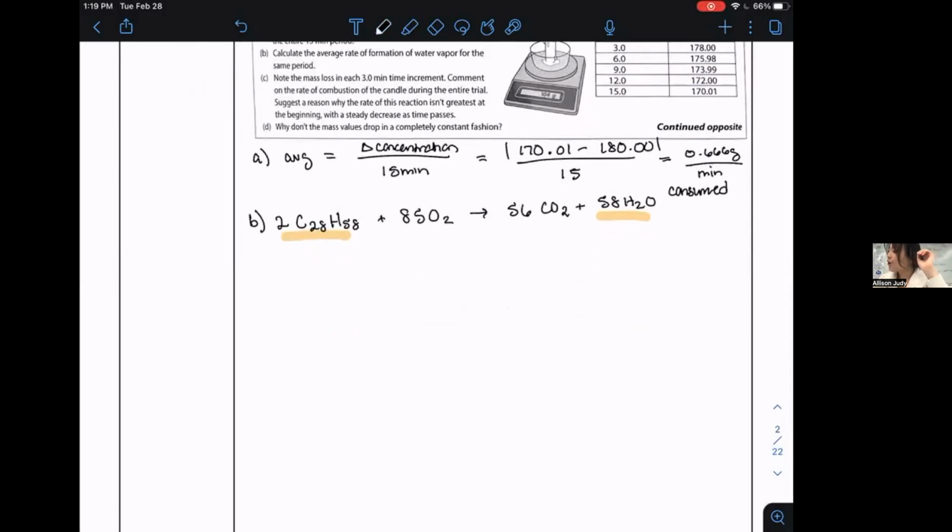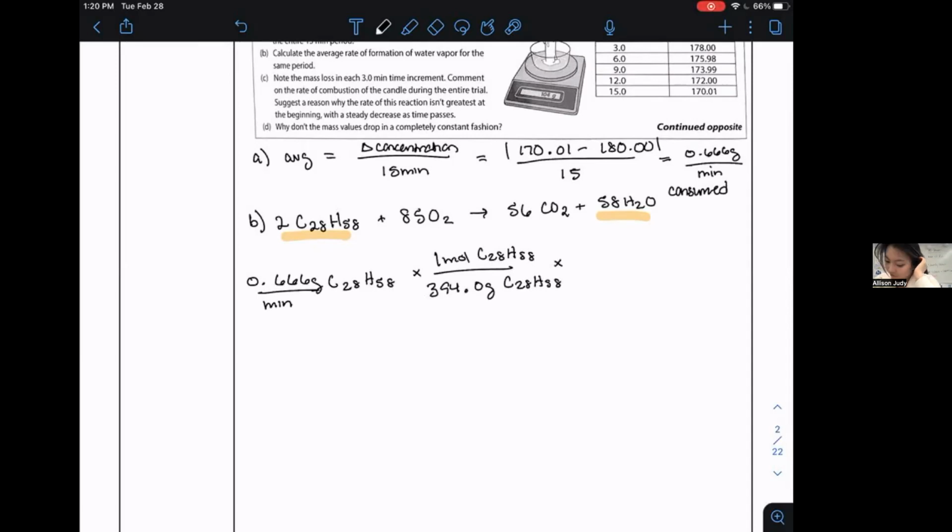What we do now is we know a rate of consumption of the paraffin. If we can convert that to moles per minute and get into moles, then we can stoichiometrically predict the moles produced of water and then convert to grams. So we start with 0.666 grams per minute of C28H58 paraffin. We know that for every mole of C28H58, we have 394.0 grams of C28H58.